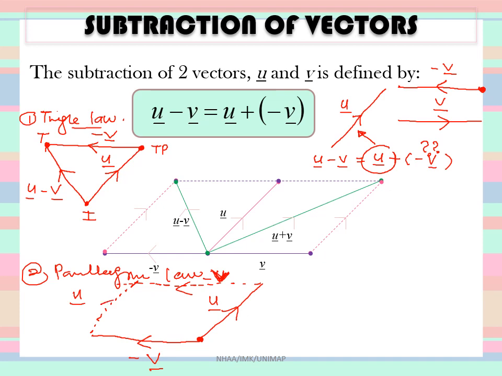The direction is there, and the resulting vector of u minus v is this. Okay, so that is the resulting vector, u minus v. Right? Understood? Okay.